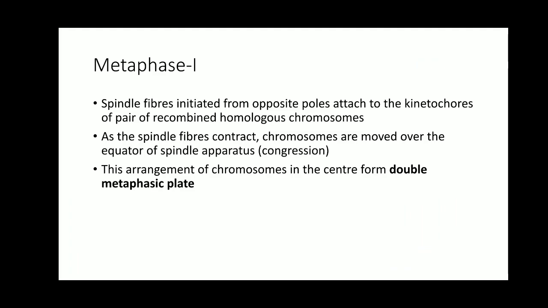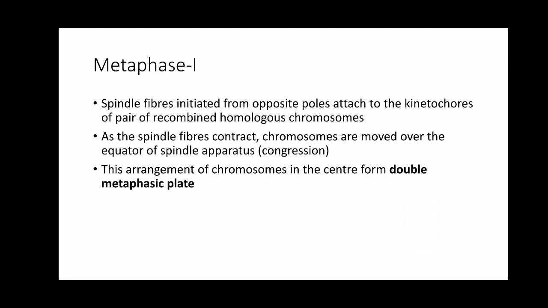Here the kinetochores of the pair of homologous chromosomes are attached, because the homologous chromosomes were attached at some sites. Though the chiasmata is terminalized in the diakinesis stage, at some sites they are still attached, right?